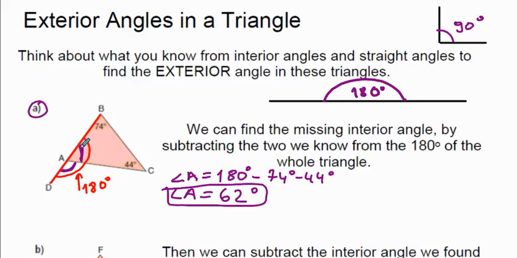And what I know is that this little part here is 62. I just calculated it, right? So this is 62. And I can use that to calculate the external angle. How I do that is I subtract 62 from 180.